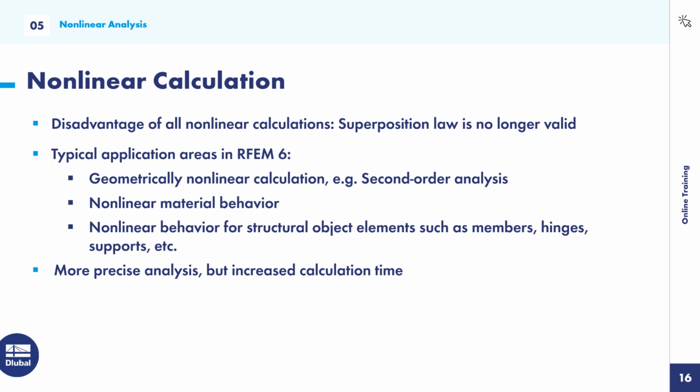So yeah, keep in mind that these types of calculations can increase the accuracy of your model, but also at a large scale can increase the calculation efforts and time, similar to your FE mesh. So the more accurate you want your model to be, the more time it spends calculating. So we're going to go back to RFEM and look at some examples of these nonlinear calculations.